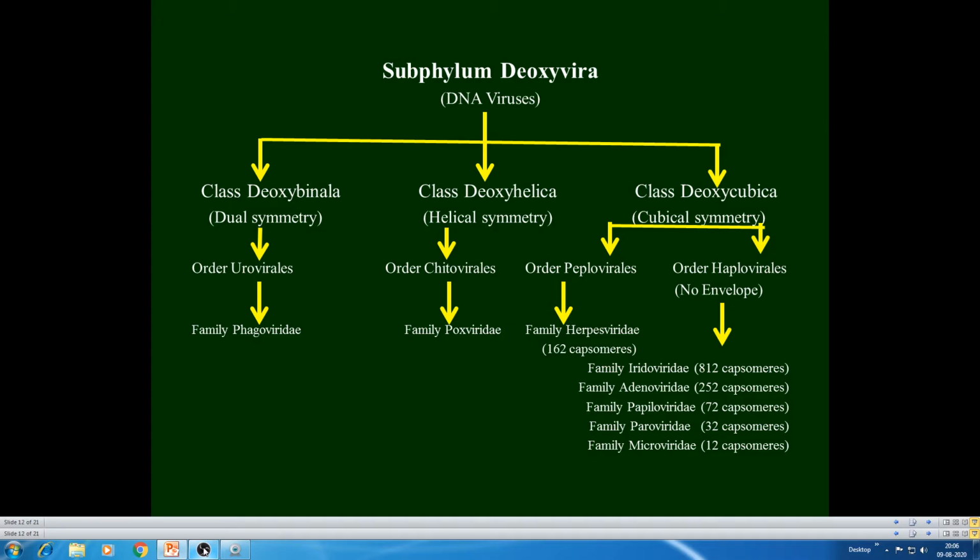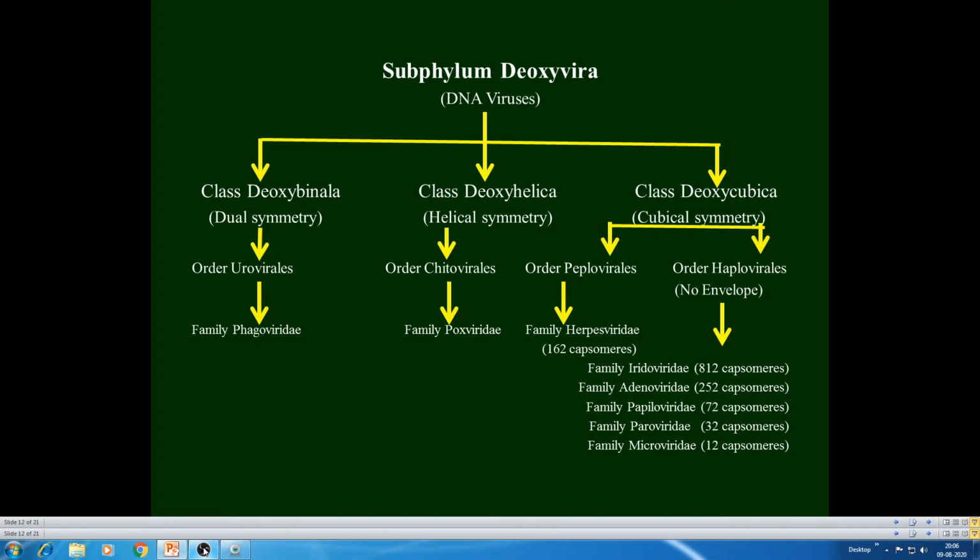Order Papillovirales has only one family, that is Herpesviridae, which has 162 capsomeres. They have cubical symmetry. And order Haplovirales, without any envelope, we can say naked, has five families. That is family Iridoviridae, which has 812 capsomeres. The number of capsomeres is also taken into account for classifying these viruses.